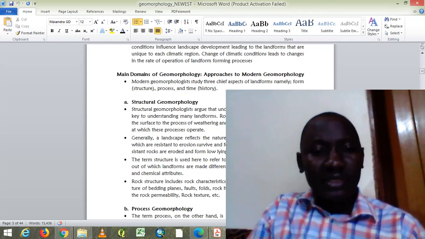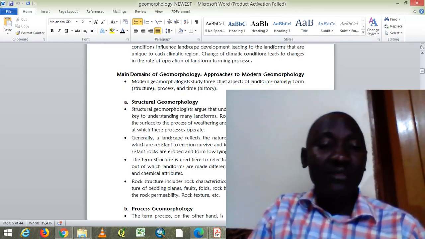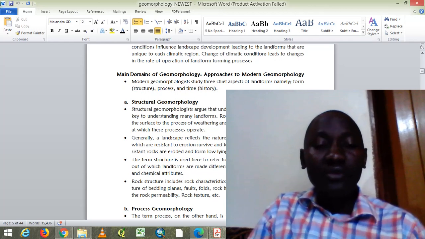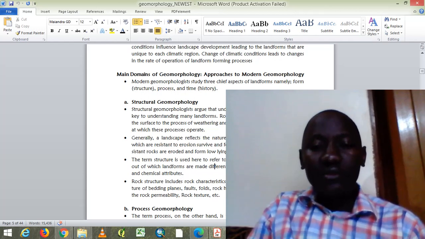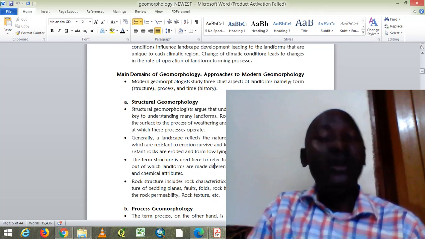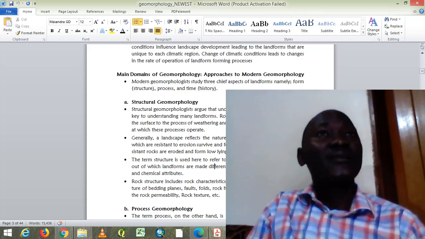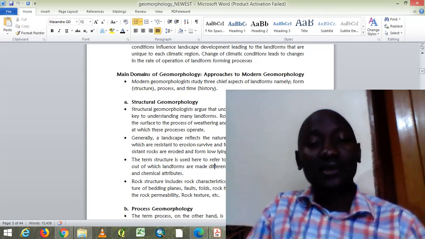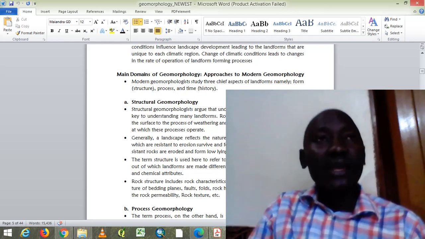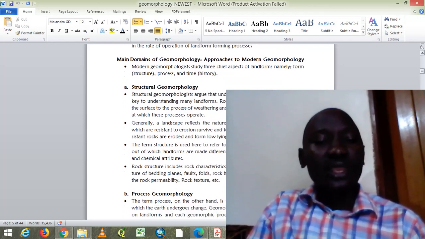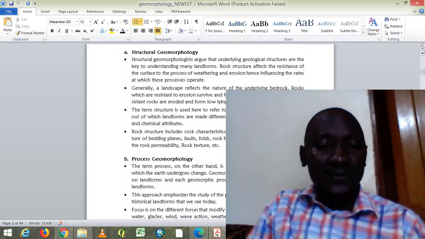The term structure is used to refer to all ways in which the earth's materials out of which landforms are made differ from one another in their physical and chemical properties. That's why we talk about jointedness, texture, color, and mineralogy. This is the structure of the rock.